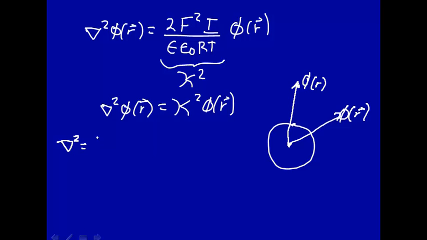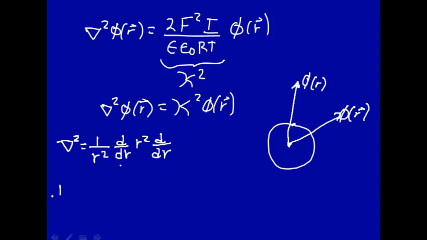Del squared is, when you make that coordinate change, 1 over r squared d by dr. Again, we don't have partial derivatives anymore. We just have a single variable of r squared d by dr. So this is the del squared operator in spherical coordinates, where we have gotten rid of the angular dependence because we have a spherically symmetric system.